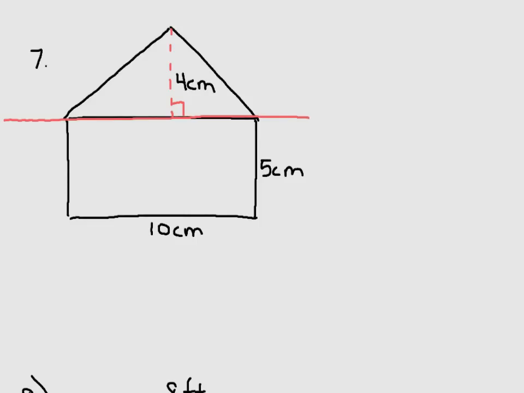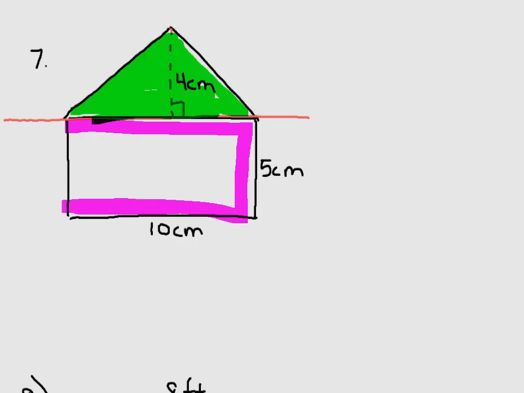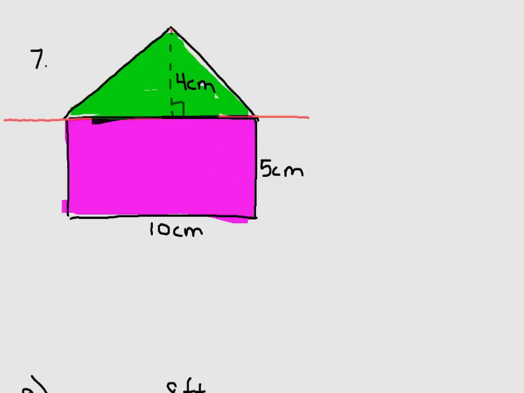The top figure becomes a triangle, which we know how to calculate area for, right? And the bottom figure is a parallelogram, which we also have a formula for. Okay, so what we will do is we will find the area of the triangle, and we will find the area of the parallelogram, and then we're going to add them together to find the total area.